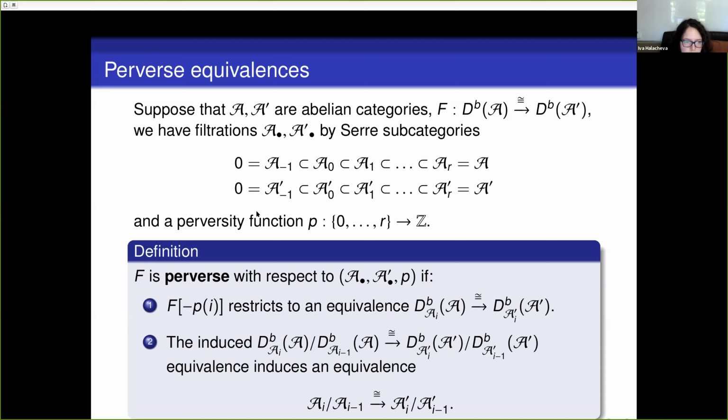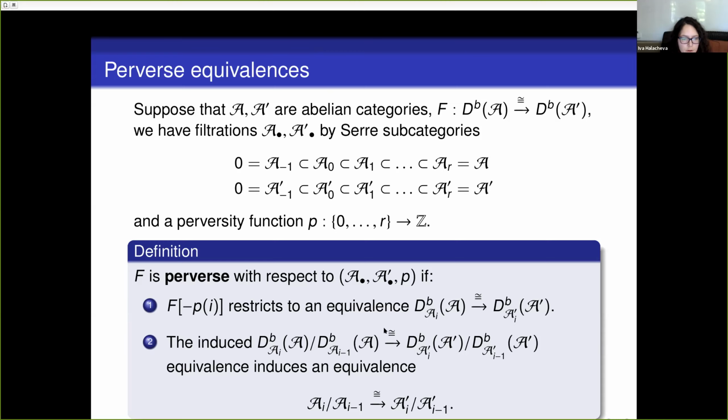So, let me perhaps mention that these bounded derived categories are in particular triangulated, and so we have a shift functor. So here, F shifted by an integer given by the perversity function, we want that to restrict to an equivalence of the following form, where D^b sub A_i of A is a fixed subcategory of the original derived category of the complexes whose cohomology lives in A_i, where A_i is given by the filtration.